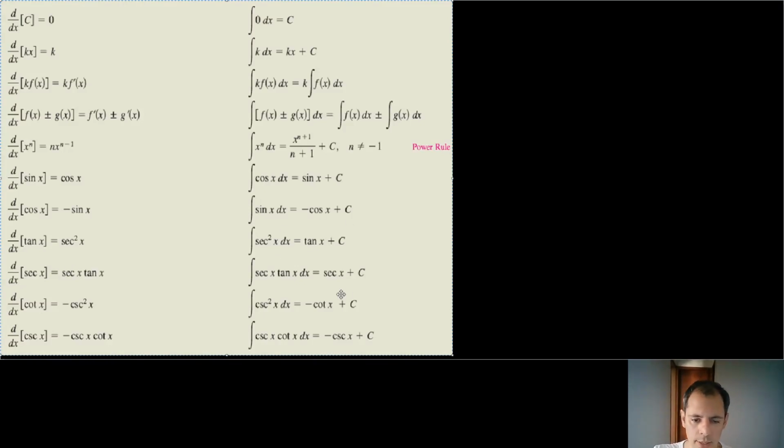Secant, you get secant tangent. The integration of secant tangent is going to be secant plus c, right? Cotangent gives minus cosecant squared. The integration of minus cosecant squared is going to be minus cotangent plus c. So there you go. So let's do a few more examples, just to practice.